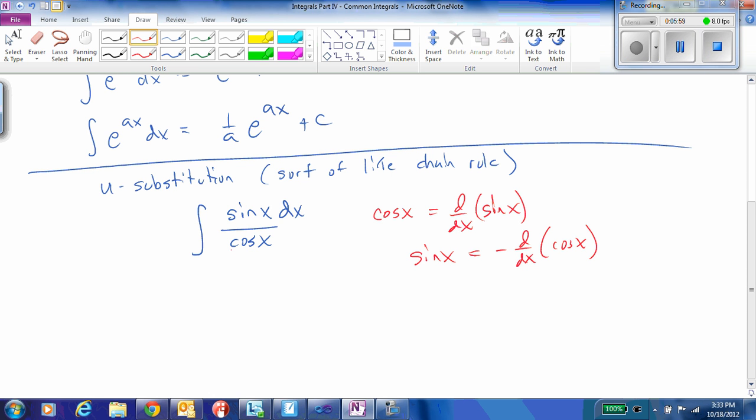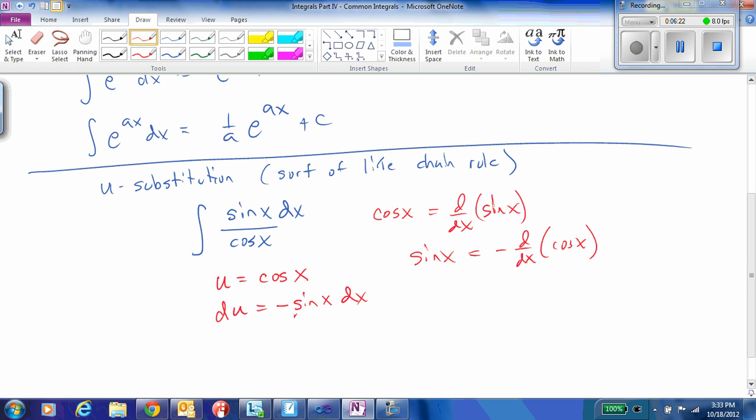So that means that I might be able to rewrite this original equation by saying, let's let some variable equal cosine of x. And now I need to take the derivative of this. The derivative of cosine is negative sine x dx.